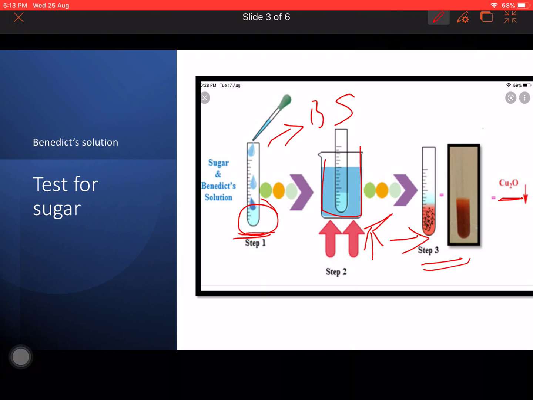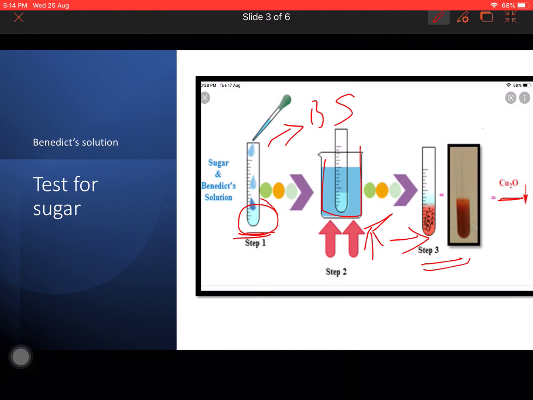It should be heated slowly, and as in the lab we generally use a Bunsen burner and the heat is quite high, we can use a water bath also. If we add gourd, tamarind or lemon, the cuprous oxide does not come as a precipitate, so this shows that they do not contain any sugar.